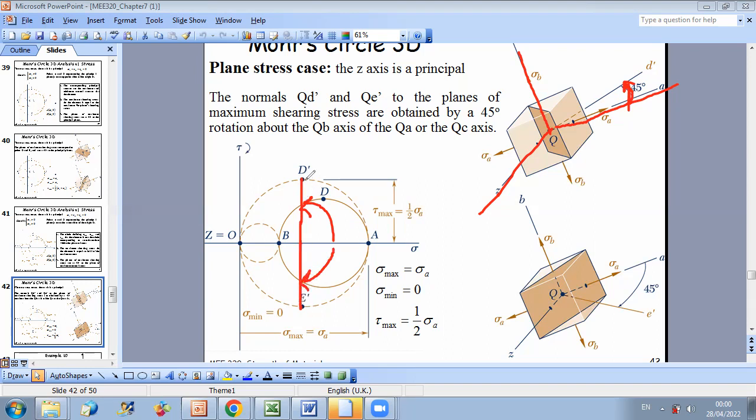Of course, D prime and E prime are perpendicular to each other. So you can say that along D prime and along E prime, I have the maximum shear stress.